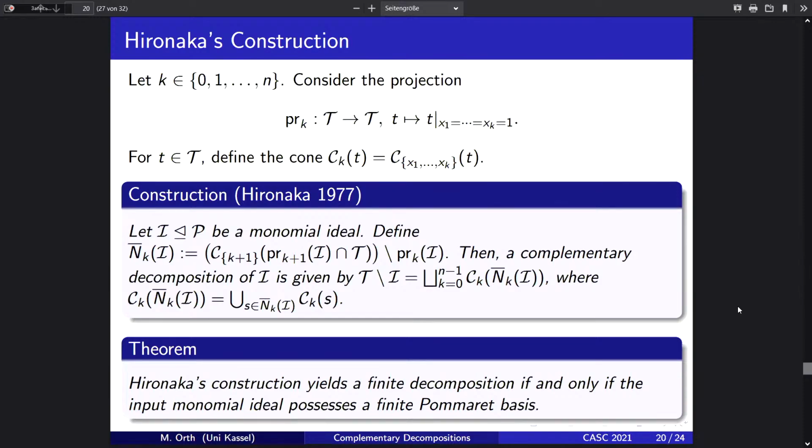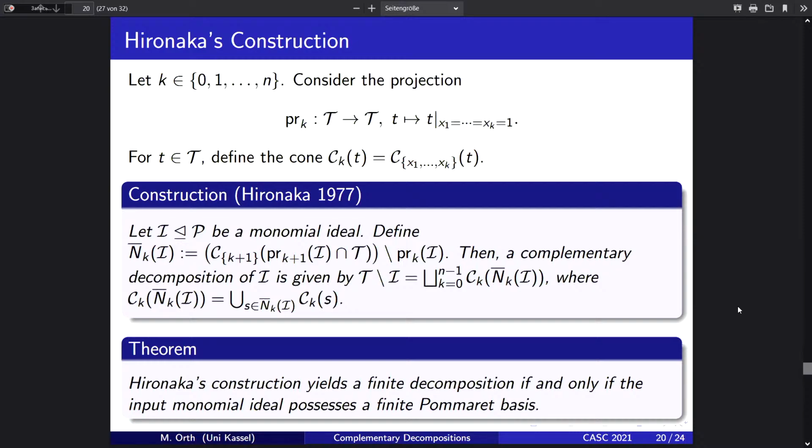He used these projection maps, which you can see at the top of the slide, where a term gets projected down to a subring by setting the first few variables to 1. And then it's a very technical definition here in Hironaka's construction, by which he is able to give a complementary decomposition of the ideal.